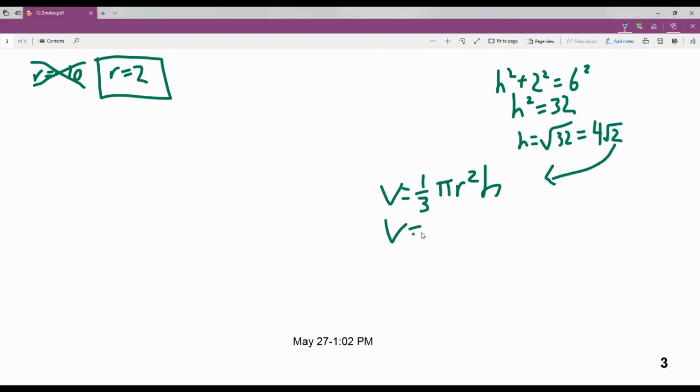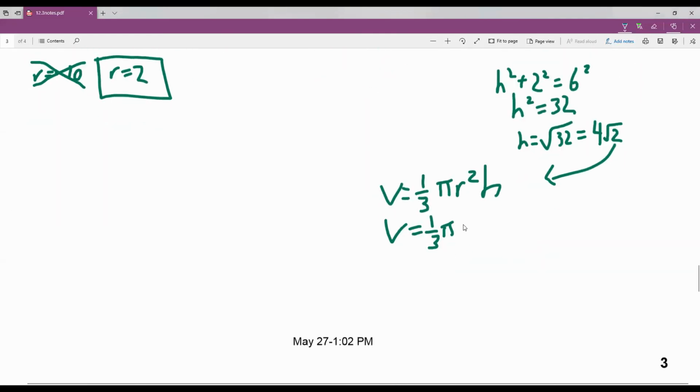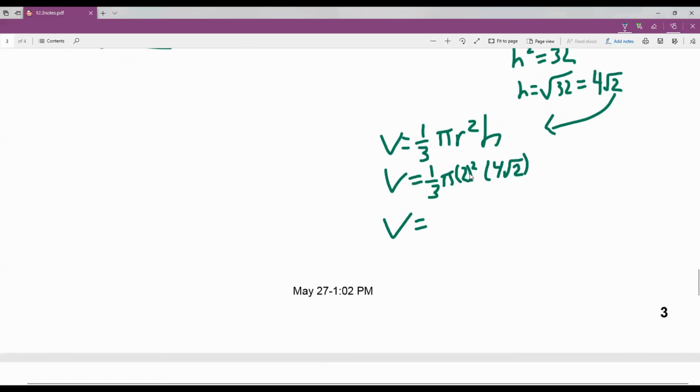So our volume is going to be 1/3 pi r, we said is 2. So 2 squared times the height, which is 4 root 2. Let's figure it out. So this is going to be 4.